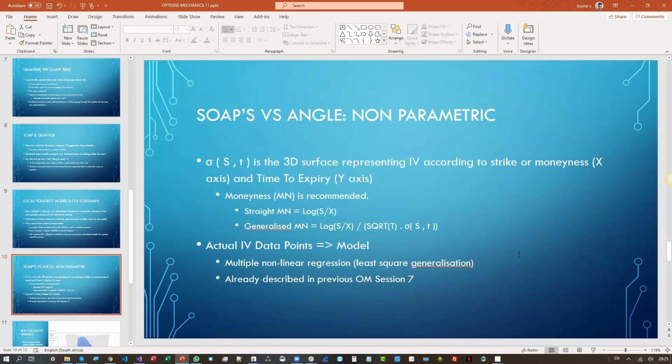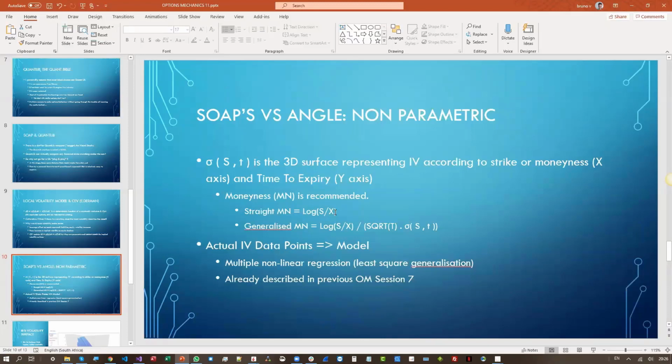You will have a snapshot of what the vol surface looks like now, but it's going to be very difficult to reuse. On the other hand, if you swap the x-axis with moneyness, and moneyness can be just a straight logarithm, log of S over X, the strike over the at the money price, you will get a more symmetrical view, and it's going to be independent of the prices themselves. So it's going to be a lot easier to use.